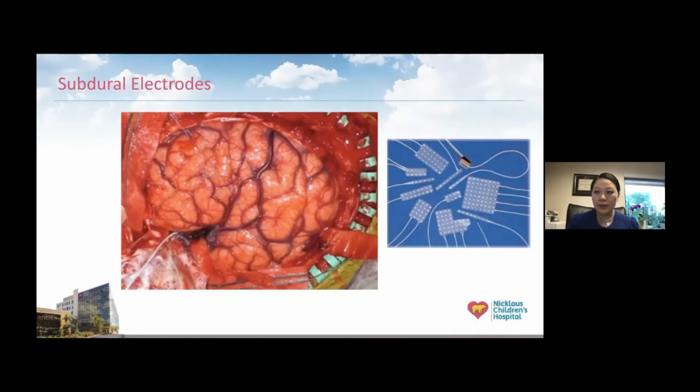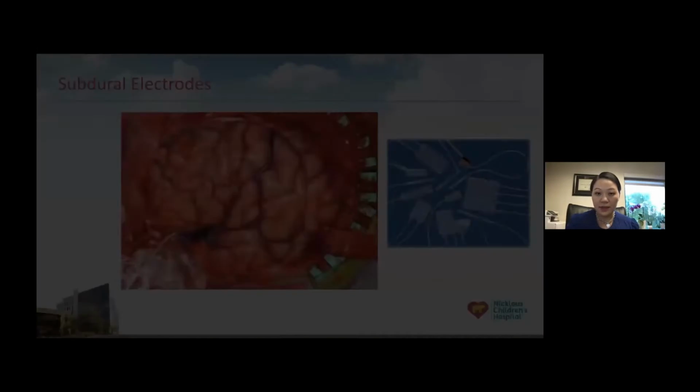So this is an example of subdural electrodes for a patient with insular epilepsy. As you can see here, in the process of putting in grid and strip electrodes, we could split the sylvian fissure and then drop a contact electrode, either a depth electrode with multiple contacts or strip electrode with multiple contacts directly onto the surface of the insula.